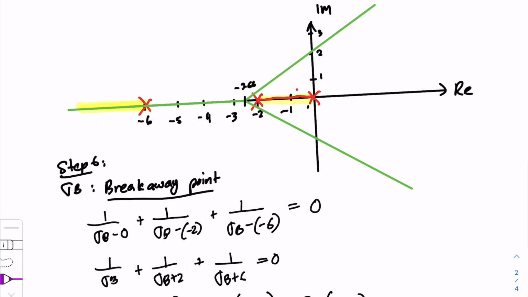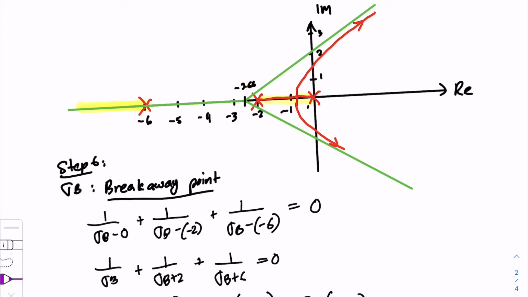On your drawing you must show step 7, even though we don't write it out: the poles leave each other 90 degrees perpendicular to the real axis. And you must remember that root locus is a mirror image. Whatever you have on the positive side of your imaginary axis will be a mirror image on the negative part of your imaginary axis. That is why your drawing looks like that.